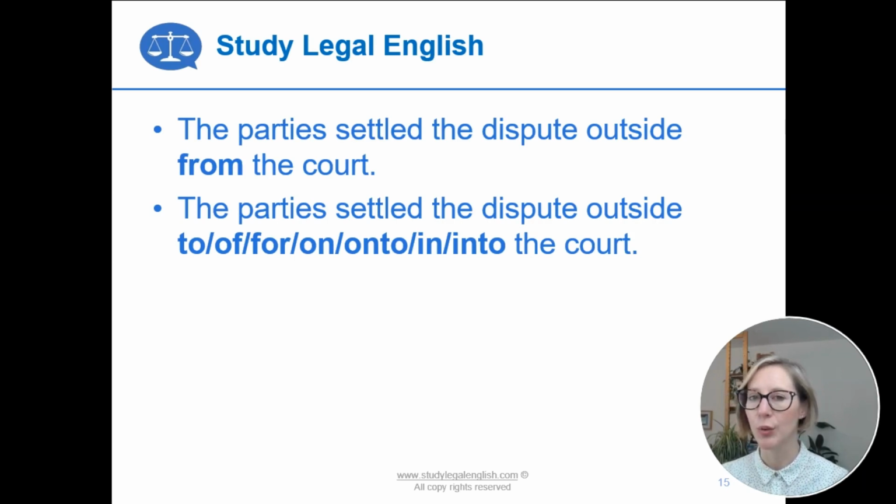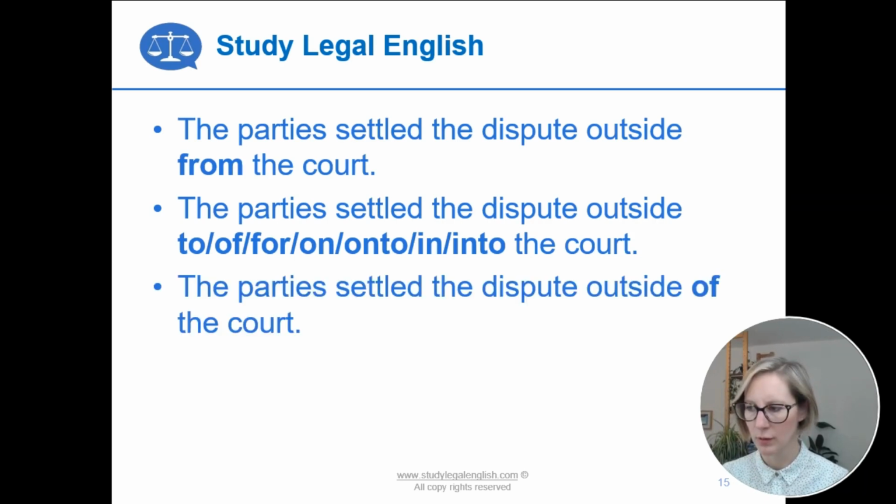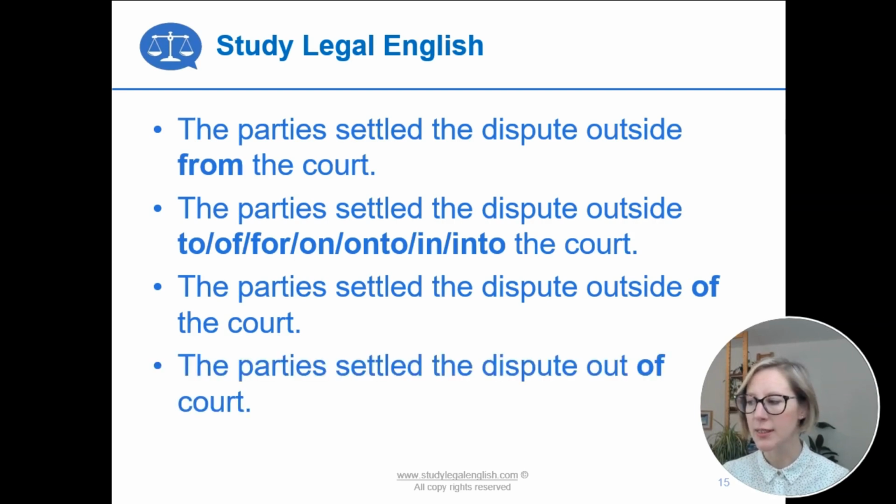3, 2, 1. The answer is the parties settled the dispute outside of the court. Okay, of is the correct preposition, but there's another mistake, and that is that you shouldn't put the article the. And it's not outside, it's out of court.